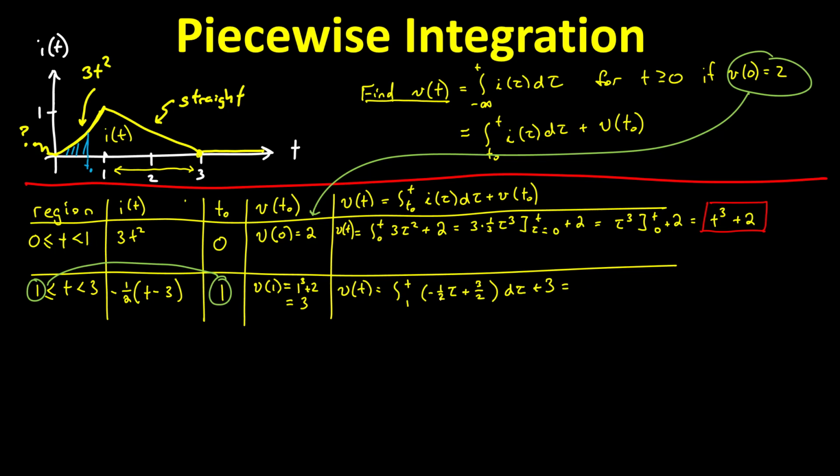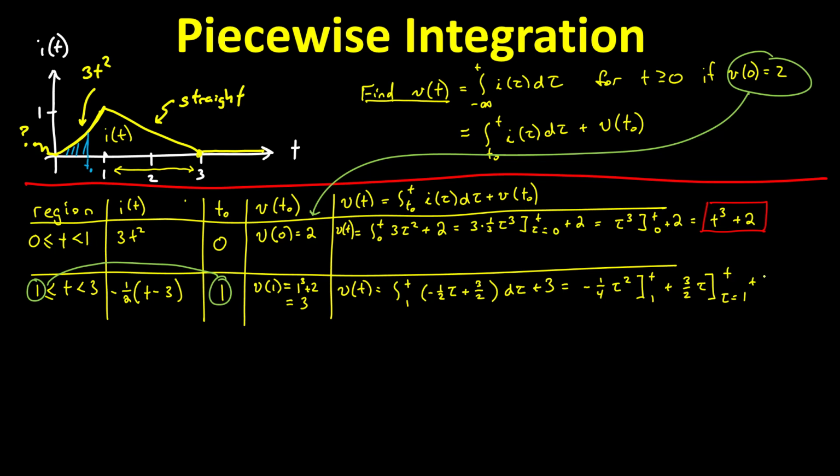If we integrate negative 1/2 tau, you can see that's going to give us negative 1/4 tau squared, and that will be evaluated between 1 and t. And next we'll integrate 3 over 2 d tau, which will give us 3 over 2 tau, evaluated for tau equals 1 to t.